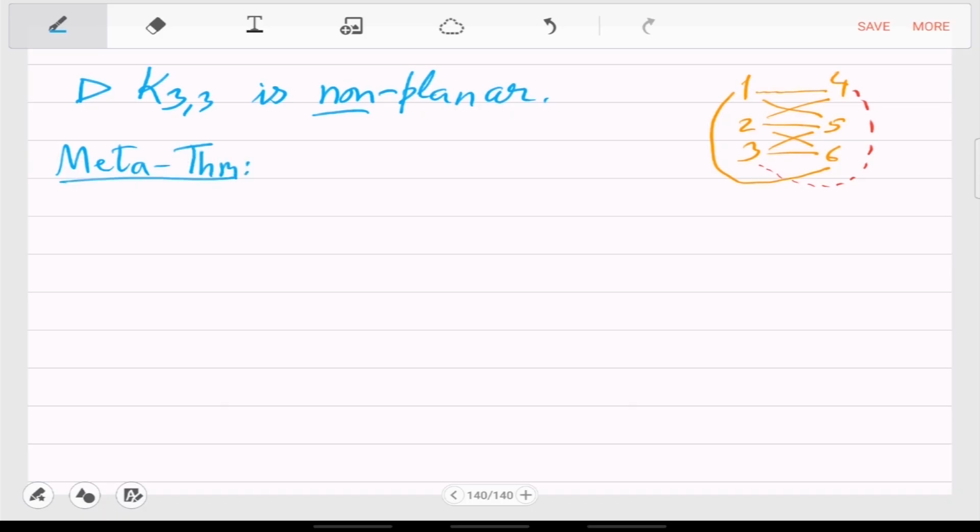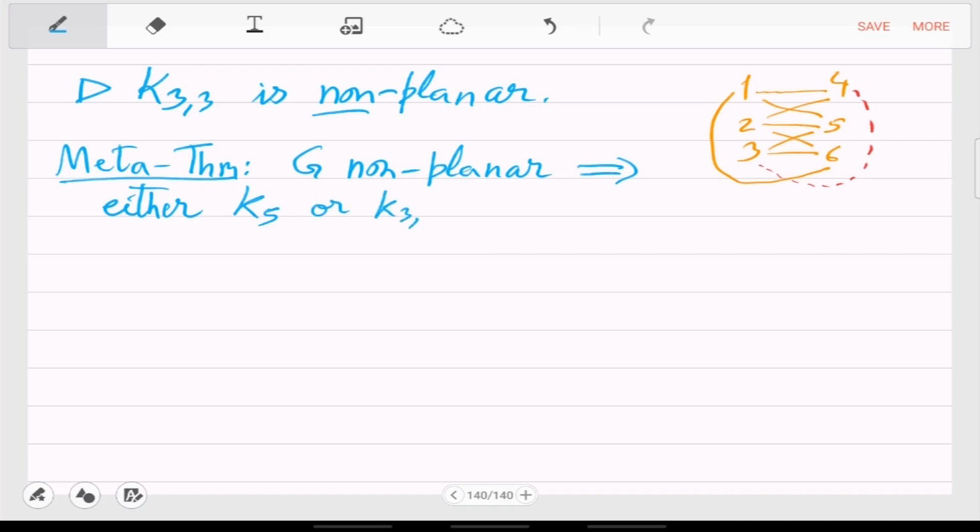So the meta theorem is that if G is non-planar, then either K5 or K33 is embedded. I won't define this because you are not expected to use this theorem in this course.